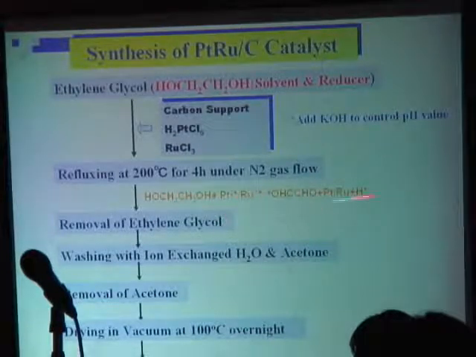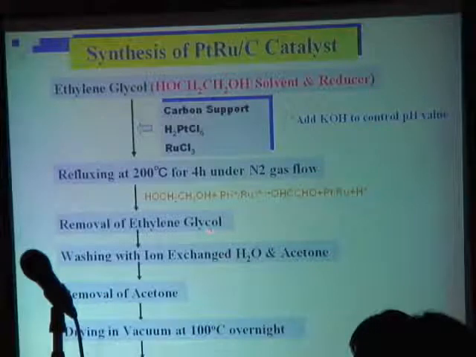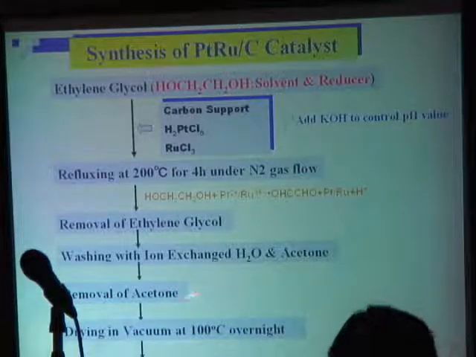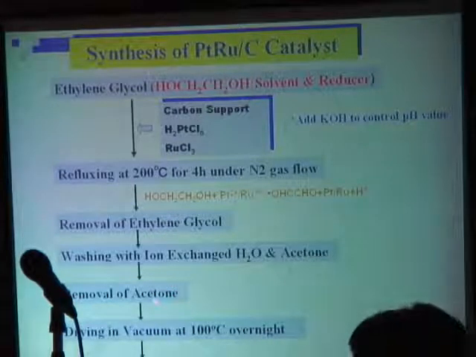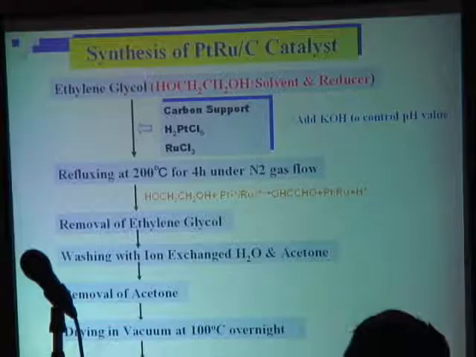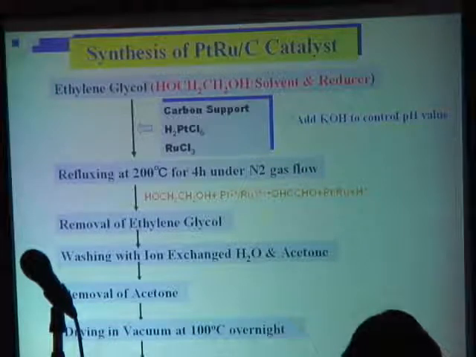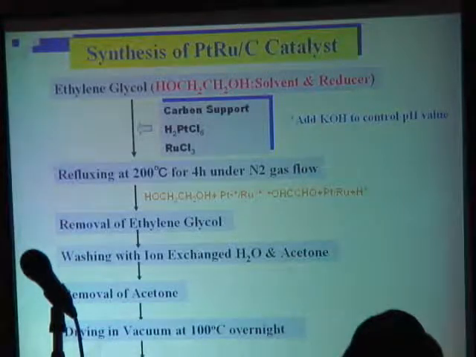From this equation, PtRu is reduced to the alloy form. After that, we remove the EG and wash with deionized water and acetone. After that, we remove all the organic material and dry the sample in vacuum overnight. So we get the PtRu catalyst supported on carbon.